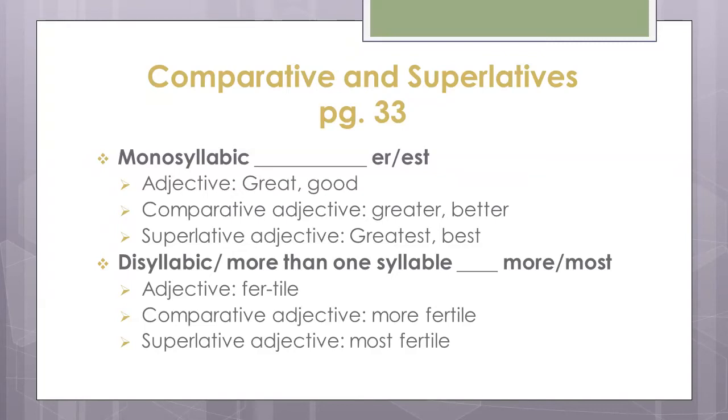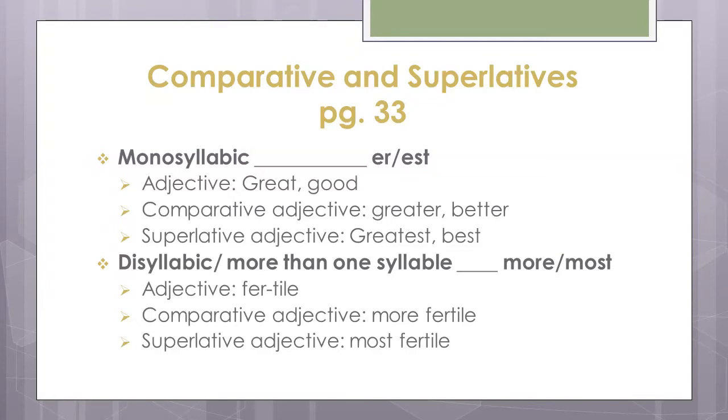And when we make a superlative adjective, we add est. For good, the comparative adjective is better. The superlative adjective is best. For great, the comparative adjective is greater and superlative is greatest. We add er or est to monosyllabic adjectives.